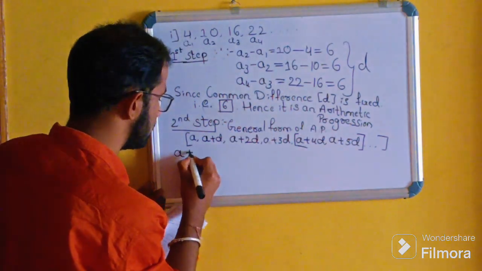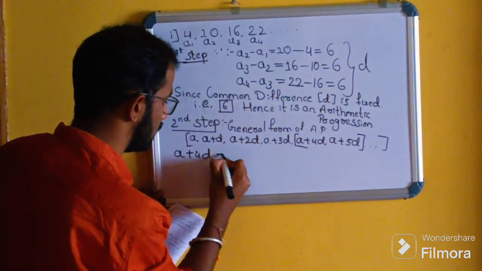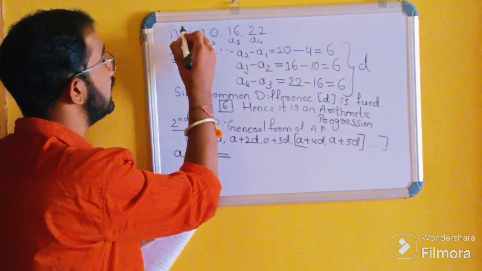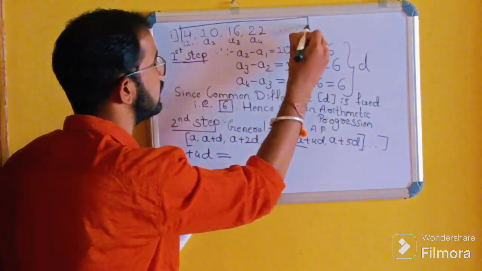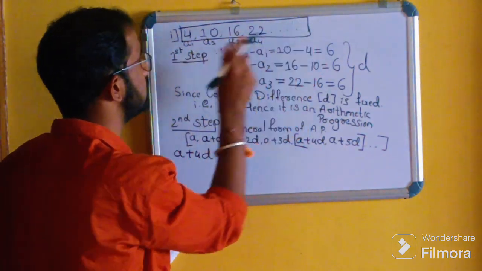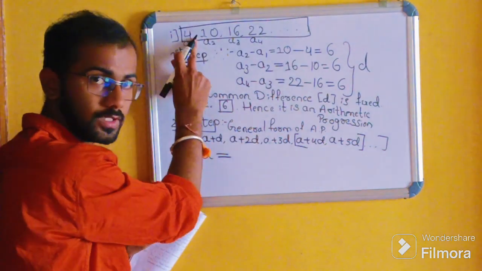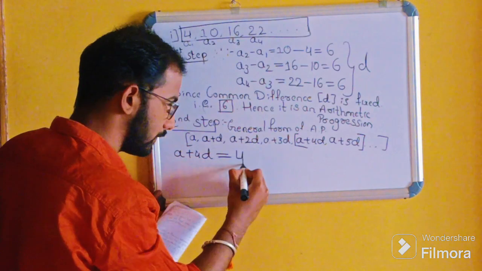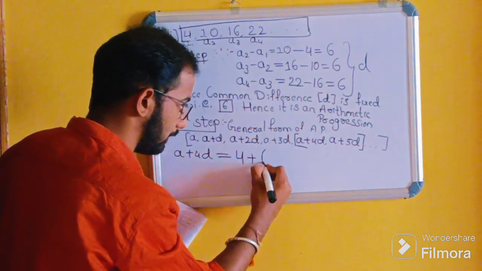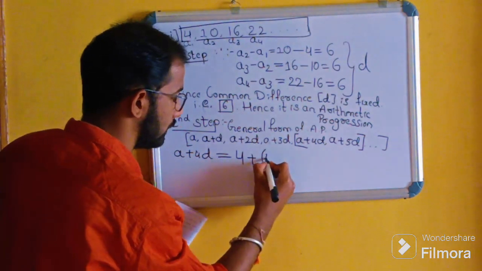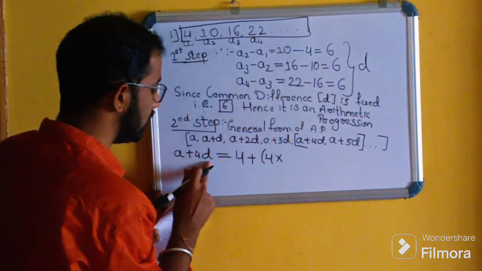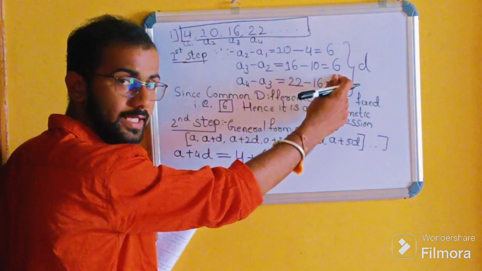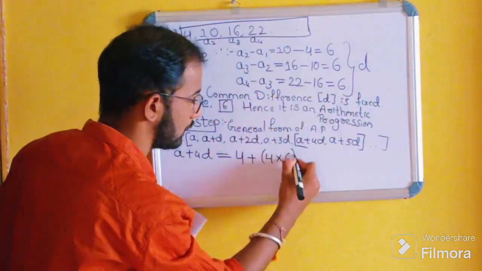So a plus 4d. What is a? A is the first term. In this given sequence, the first term is 4. That's why the value of a is 4, plus 4 into d. We have found that the value of d is 6.